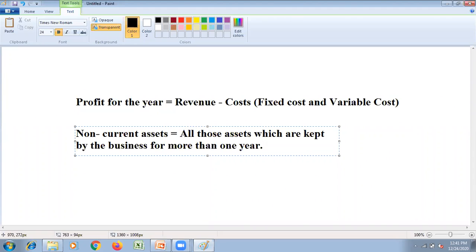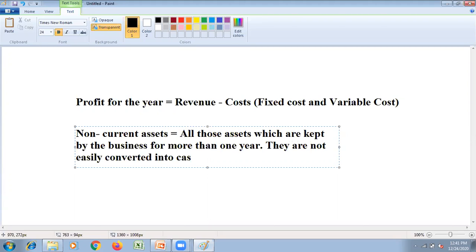So that is why obviously they'll be kept by the business for even more than 1 year, but at least they should be kept by the business for more than 1 year. And one more thing, they are not easily converted into cash. They cannot be converted into cash that easily.